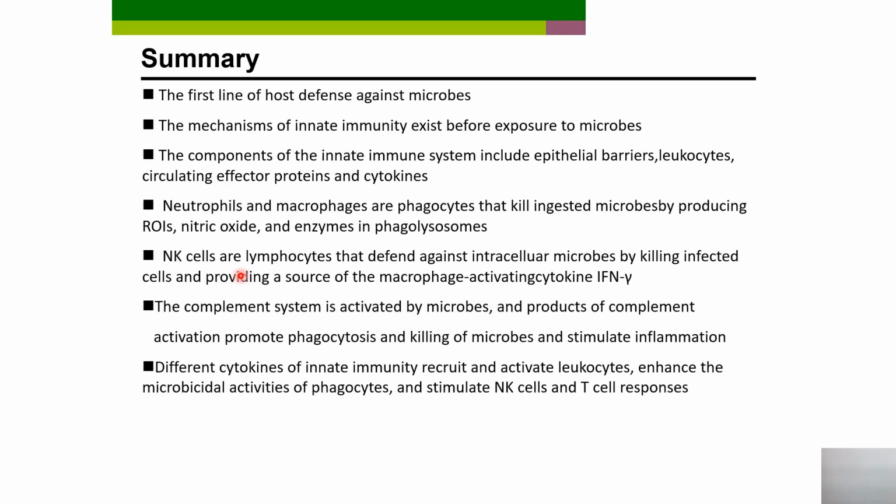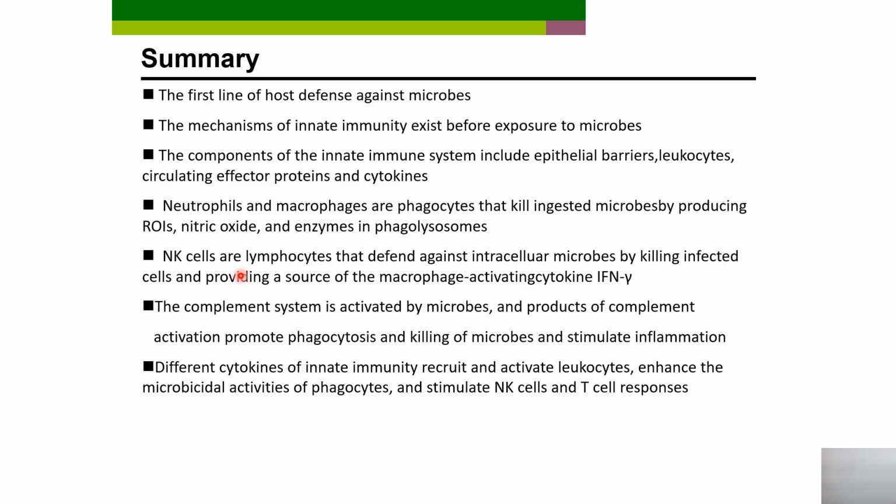As a summary, the first line of host defense is innate immunity. Mechanisms of innate immunity exist before exposure to microbes. The components of the innate immune system include epithelial barriers, leukocytes, and circulating effector proteins like cytokines, etc. Neutrophils and macrophages are phagocytes that kill ingested microbes, producing reactive oxygen species and all of that.